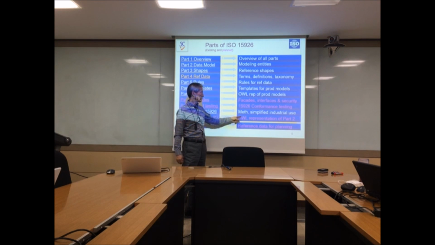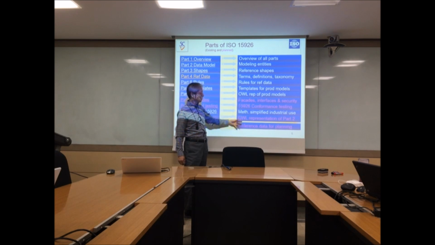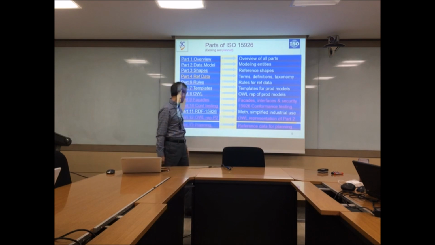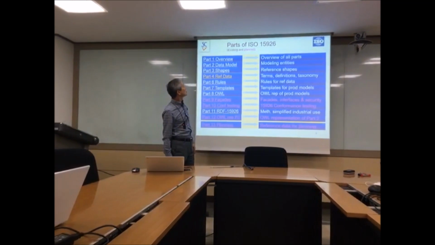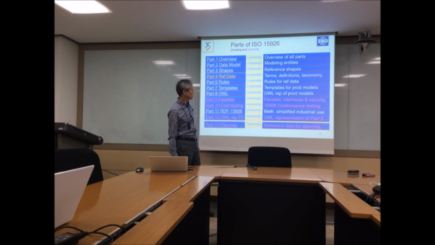Once again, our representation of part 2 is here, and reference data for planning. So these 4 are under development now, at the time of the current situation. I should write down here.